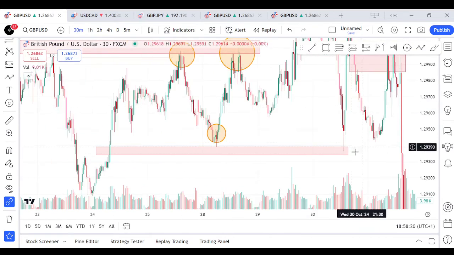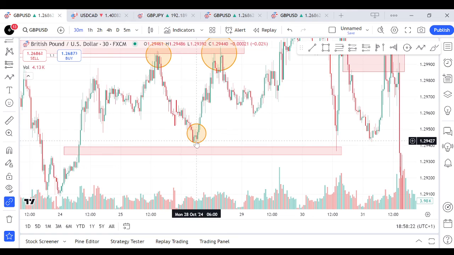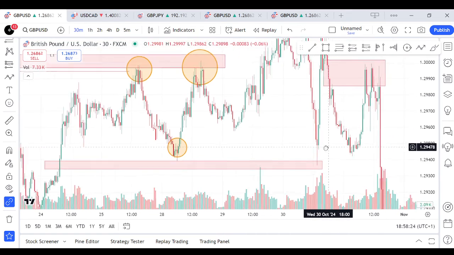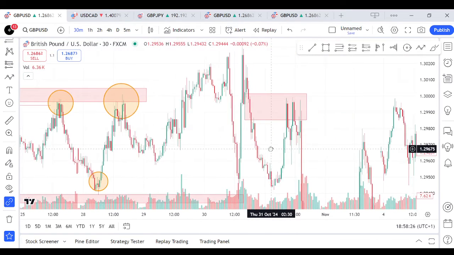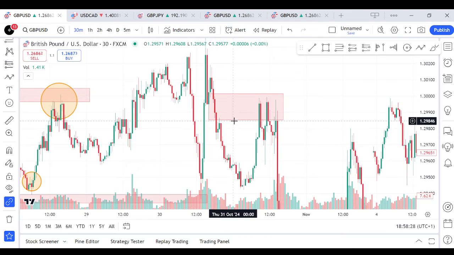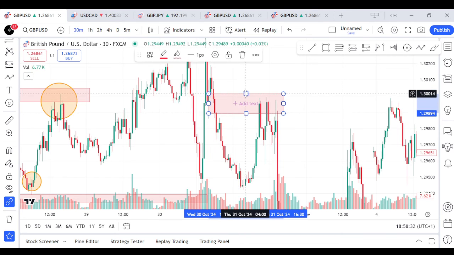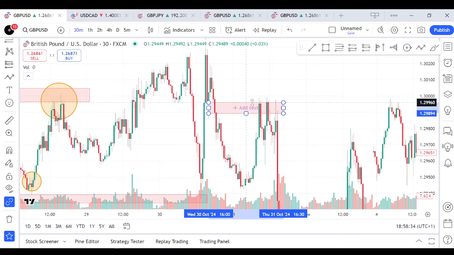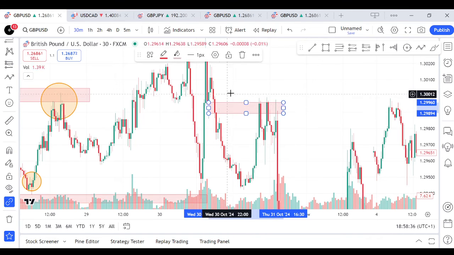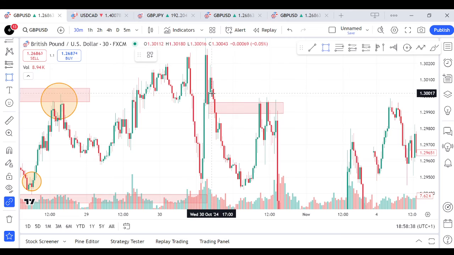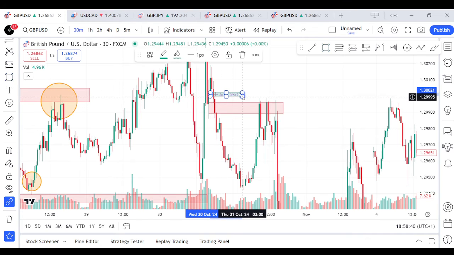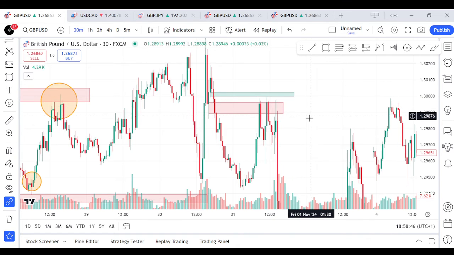And price actually filled this FVG twice, once here and another one here. Let's look for another example. You have another one right here with price filling up this FVG. There were actually two, this is another one right here. Let me extend this.